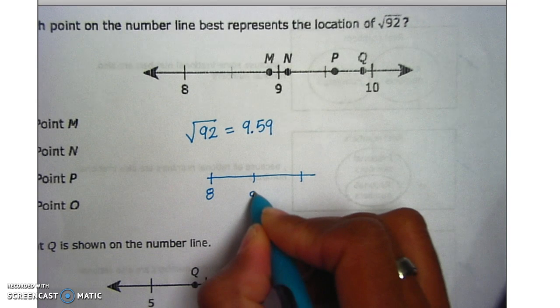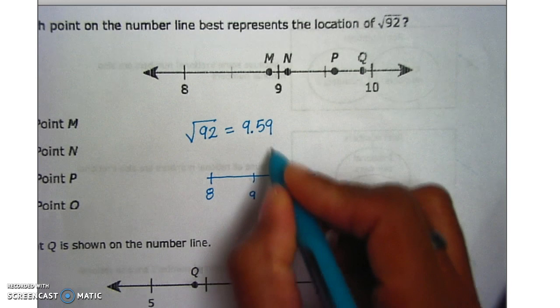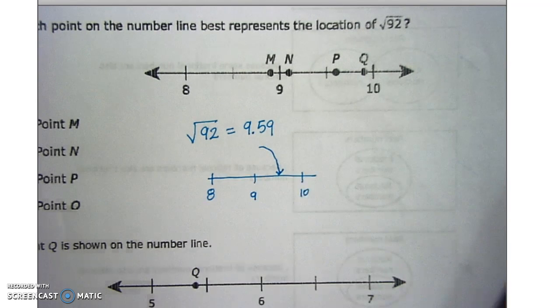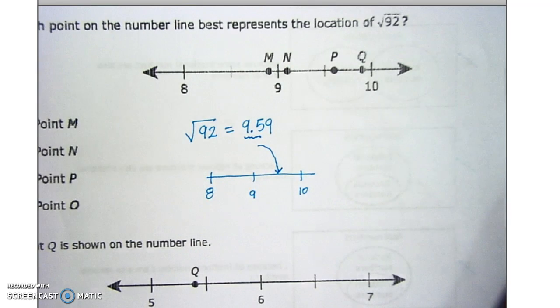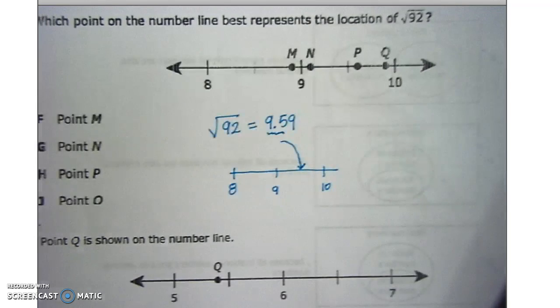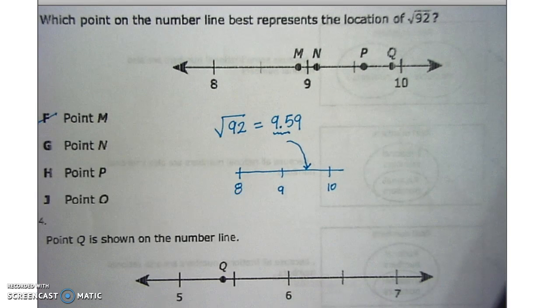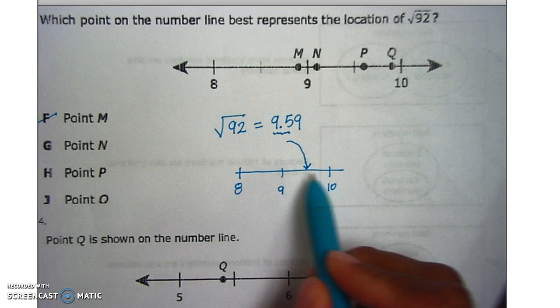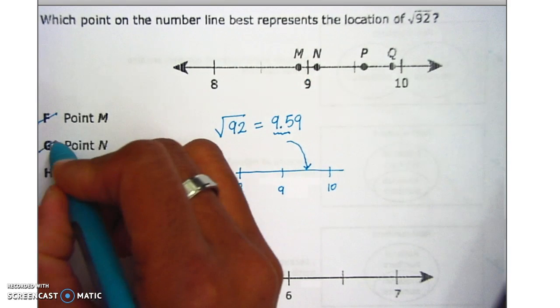Okay. If I were to create my own little number line, 8, 9, 10, 9.59 falls somewhere in the middle, because 9.5 is in the middle. So automatically I know, based on my number line, M cannot be correct. N, because it's so close to 9, that can't be correct.